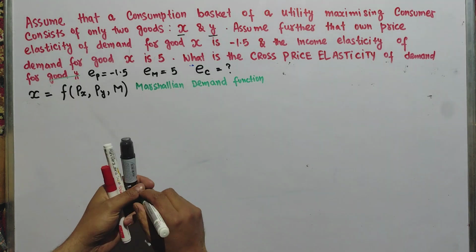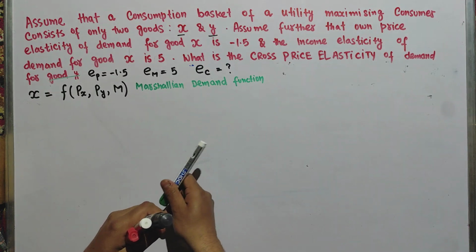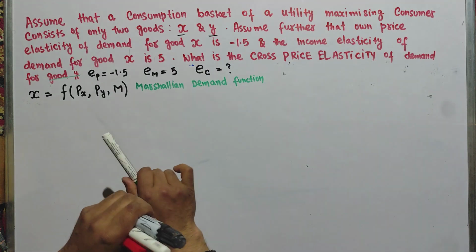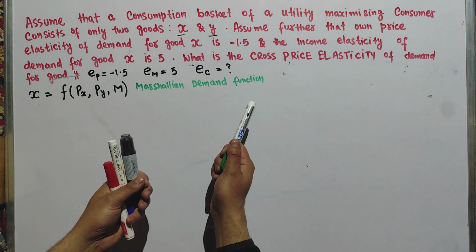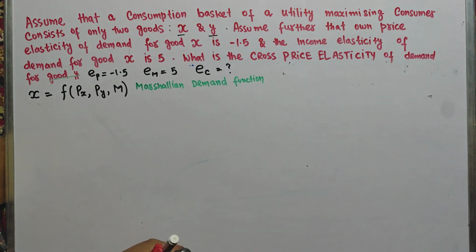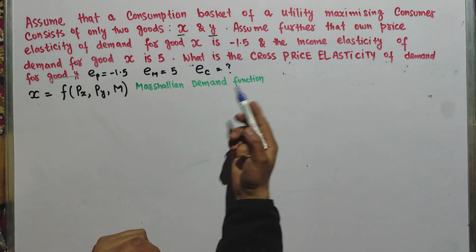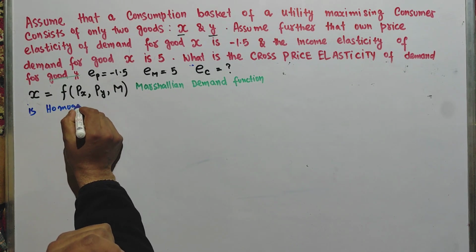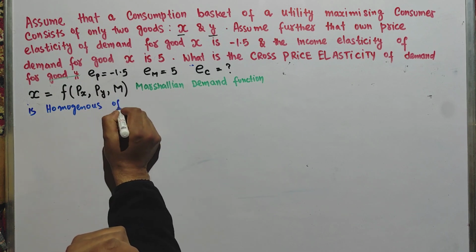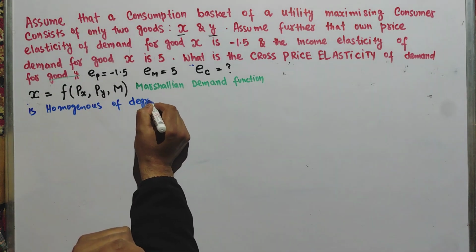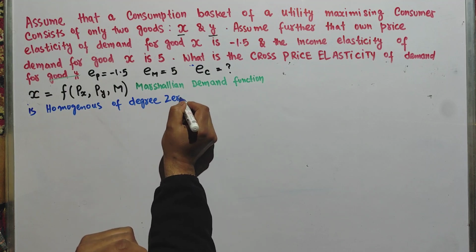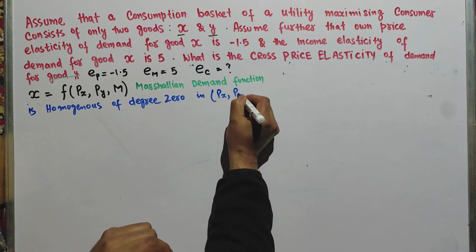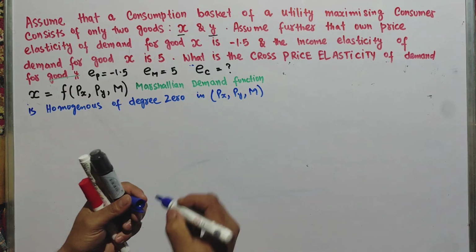One of the important properties of the Marshallian demand function is that it is homogeneous of degree 0 in prices and income, that is price of X, price of Y, and income.